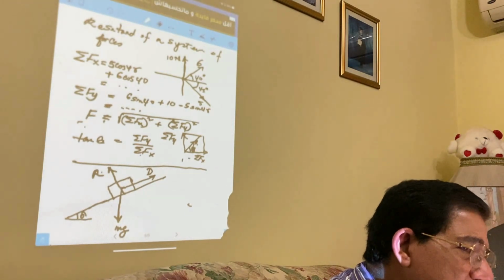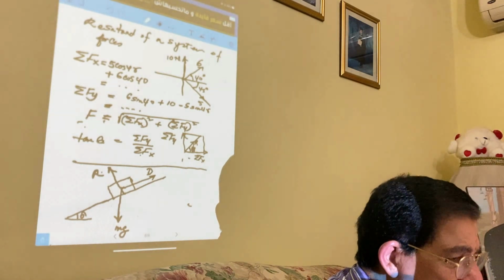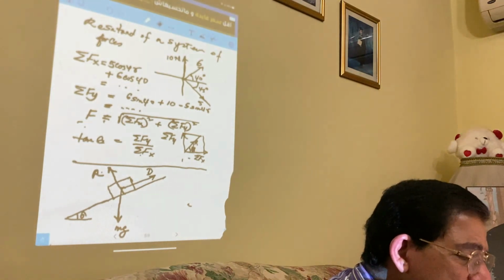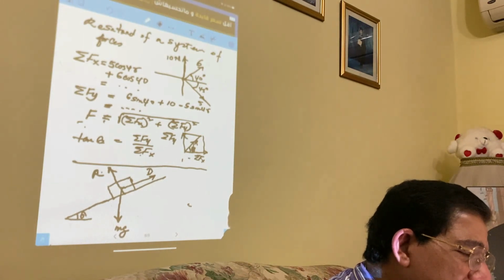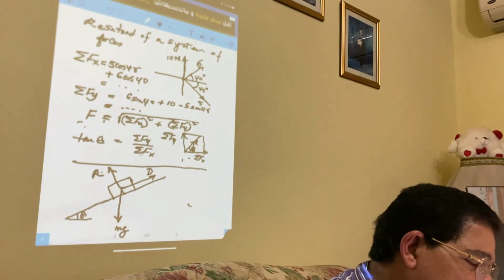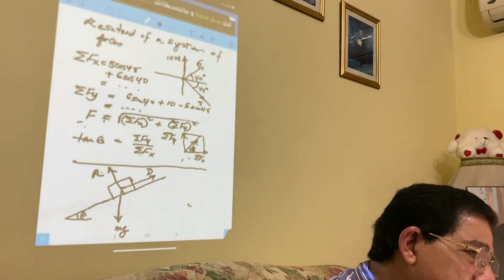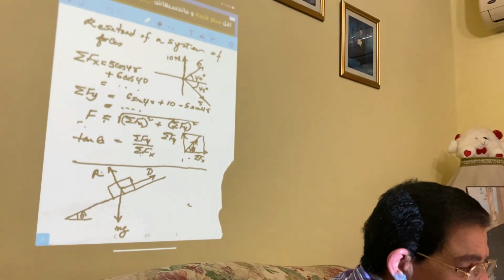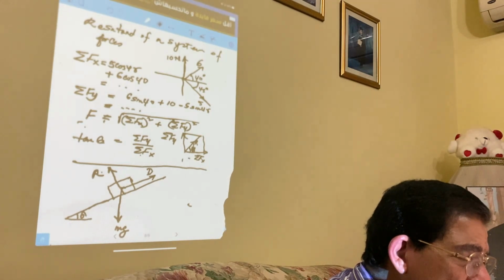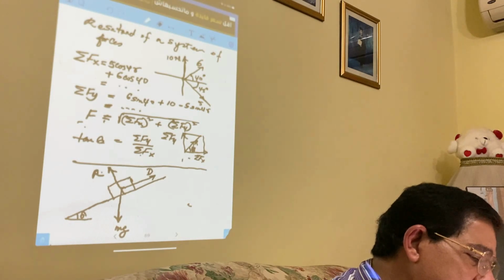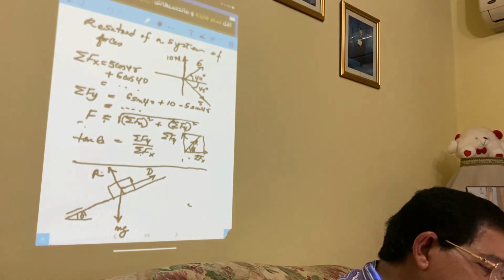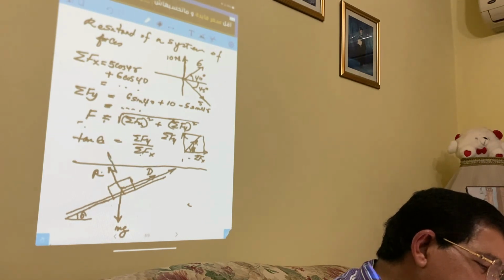Here, when we consider forces in the horizontal and vertical direction, there are too many forces to resolve. Therefore, in this case, we decided to choose our axes: the x-axis along the plane and the y-axis perpendicular to the plane.